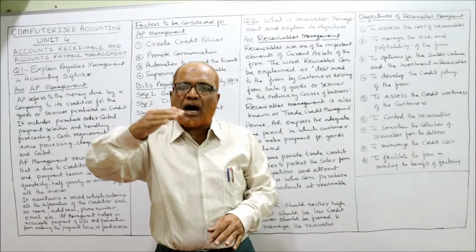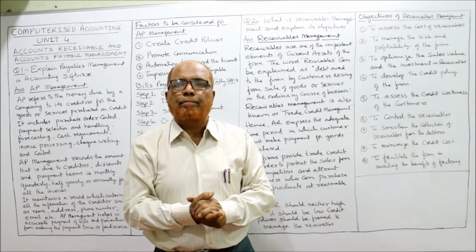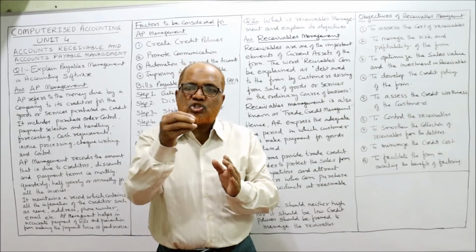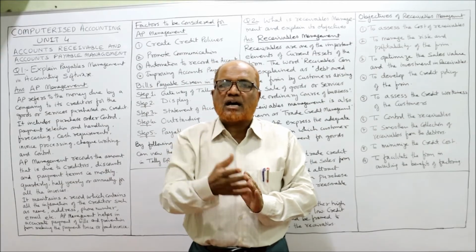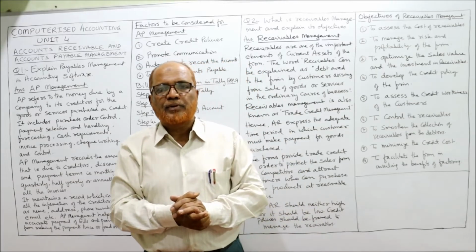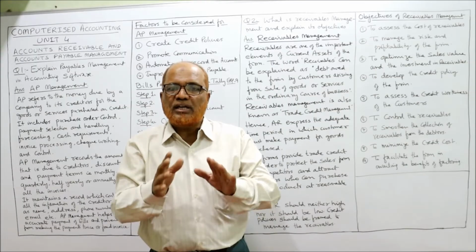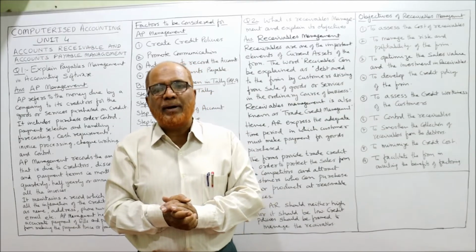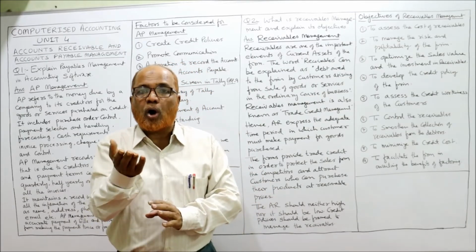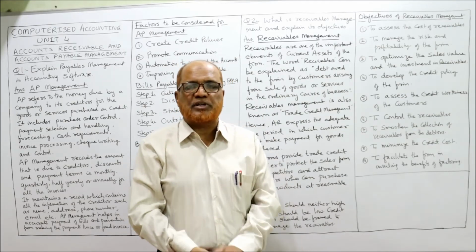If we keep a high credit period, our sales will definitely increase, but the interest charges on money blocked will be high and the chances of bad debts will be more. These are the consequences of keeping it high. So neither high nor low. Proper credit policies should be made by the business in order to optimize the return on this investment.